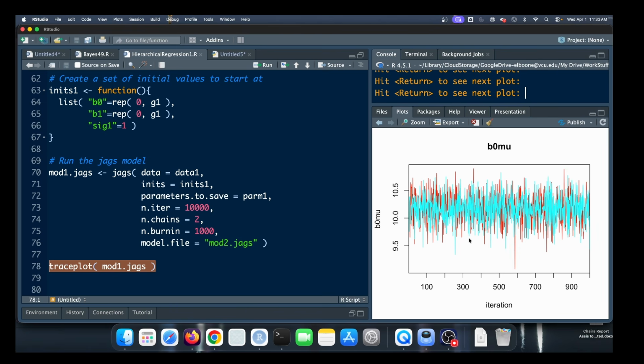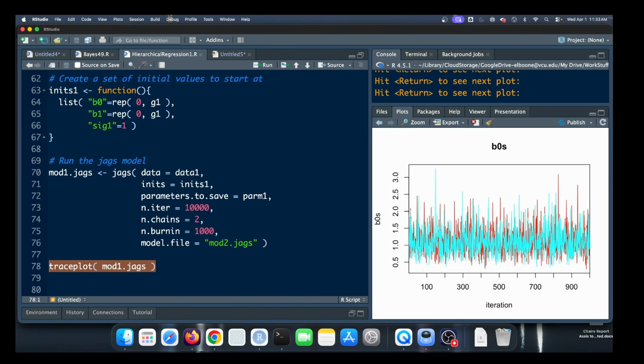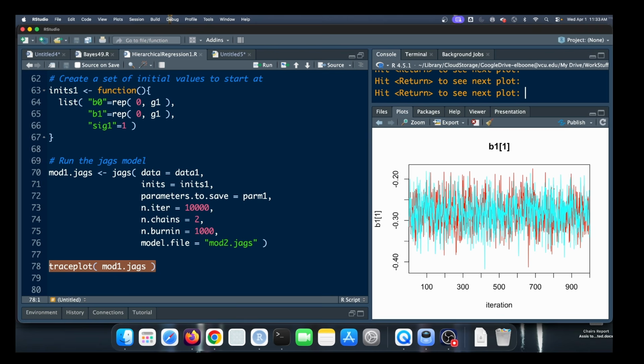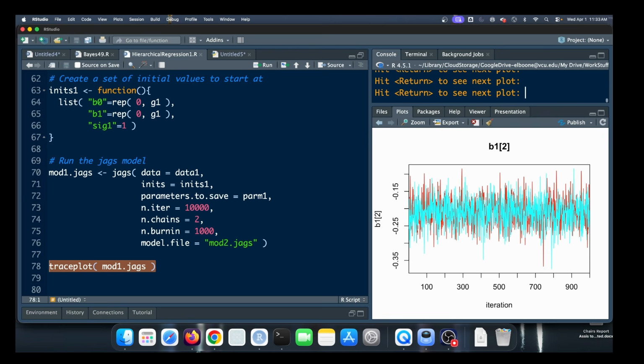And here, this beta 0 mu represents the average of the beta zeros across all of the groupings. Okay, so this one is group independent. So that makes it work well. And then I have the variance for the beta zeros, saying how much the beta zeros vary from each other. That's what that measures. Then I have beta 1 for the first group, and so on.